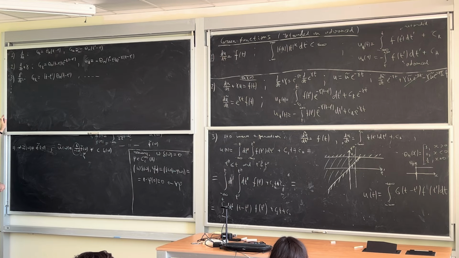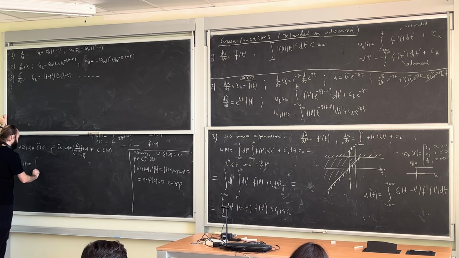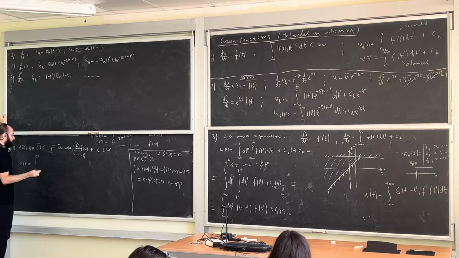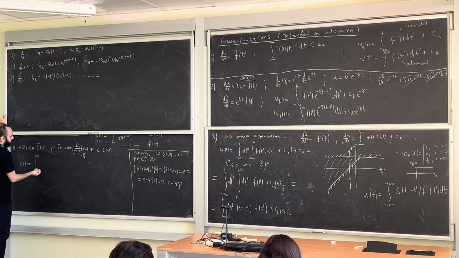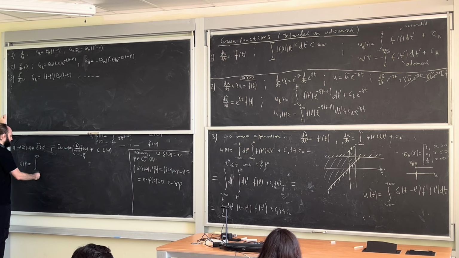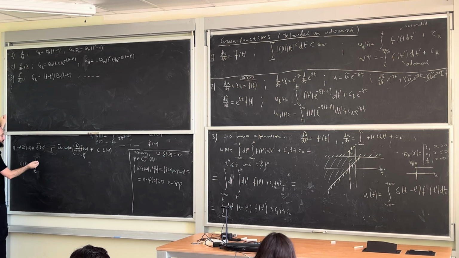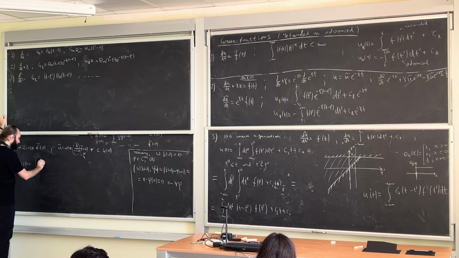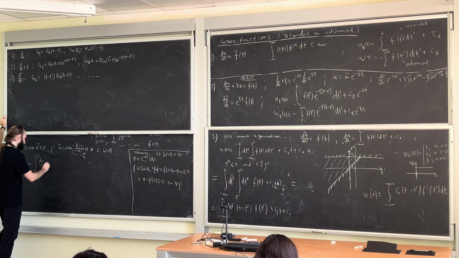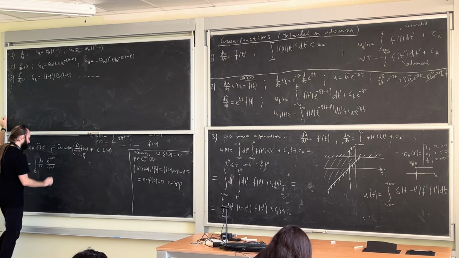Let us try to compute it in coordinate representation. So g of t is the integral from minus infinity to plus infinity, d omega over 2 pi, e to the minus i omega t.